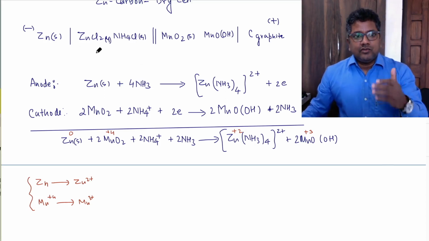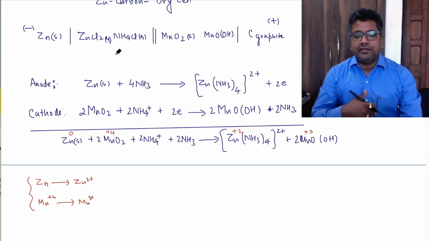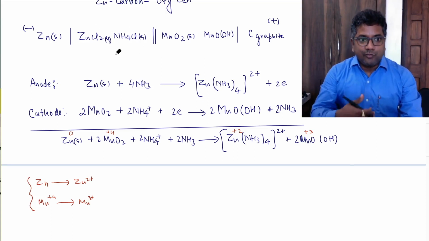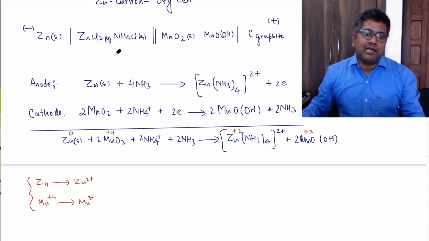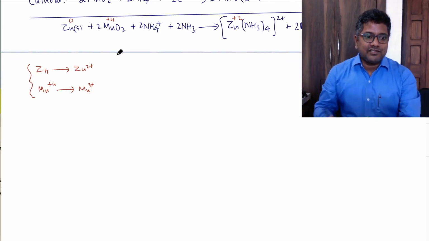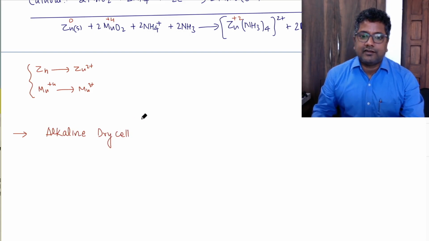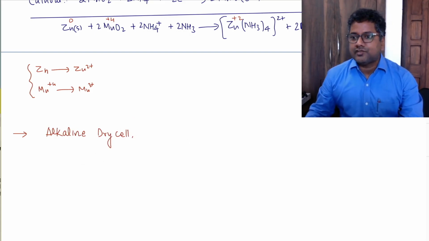Once we make the medium alkaline, taking some strong alkali like NaOH or KOH, then its voltage and shelf life both increase, right? So we can call this the alkaline dry cell, a modification of the basic dry cell or battery.